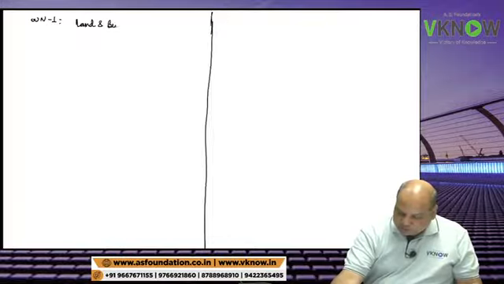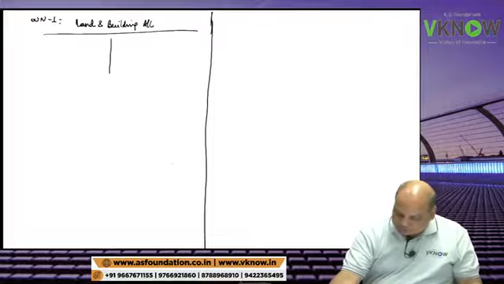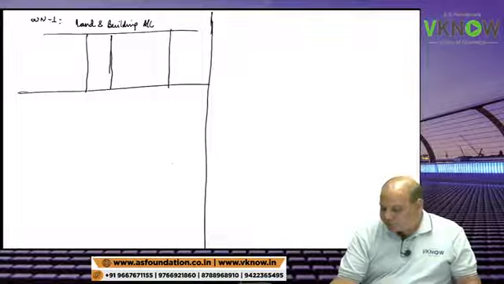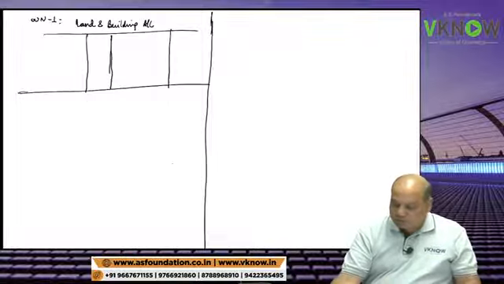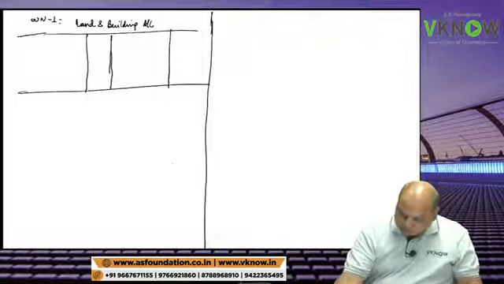For those items which have adjustments, preferably draw a ledger, because with the help of ledger, it is easy for us to understand. 6 lines blank, working note 1, land and building account.